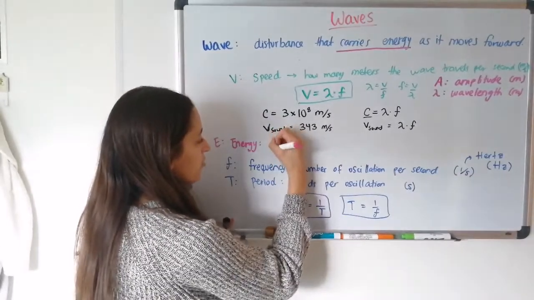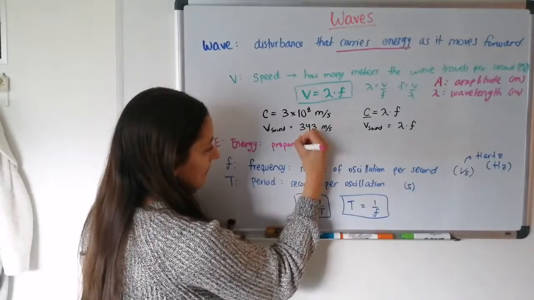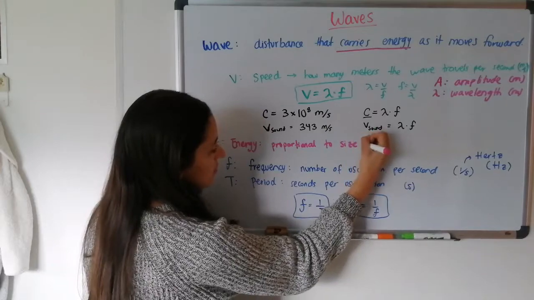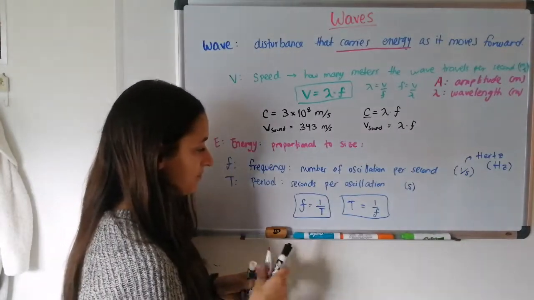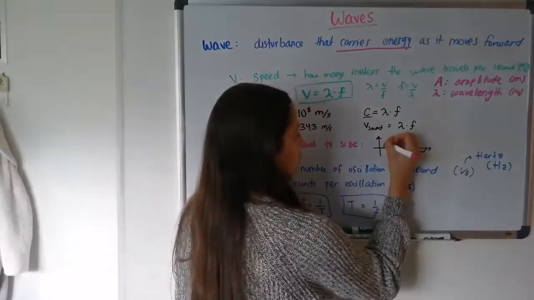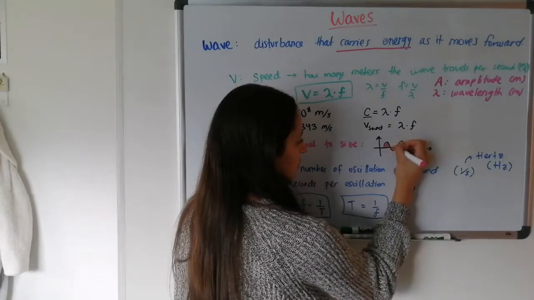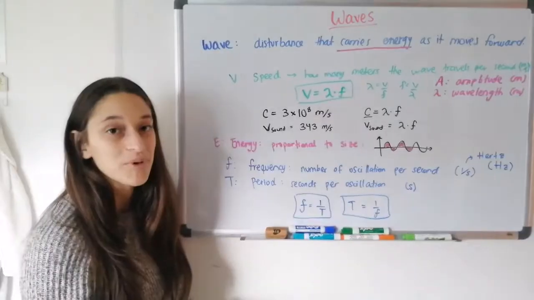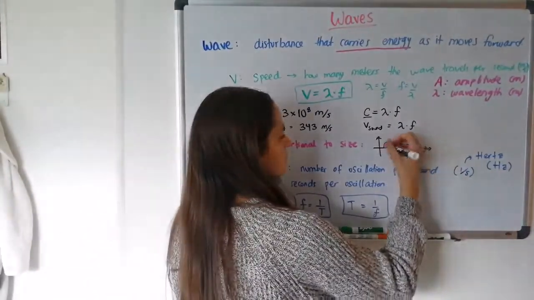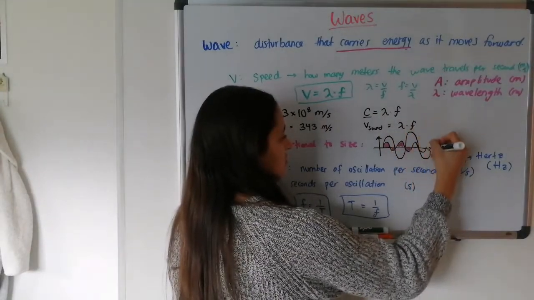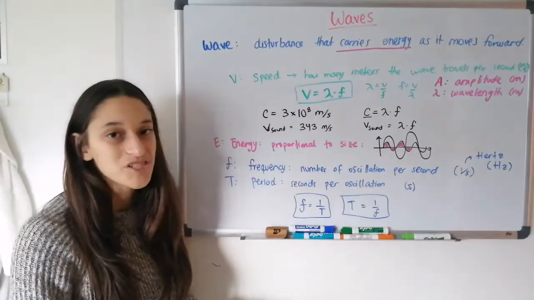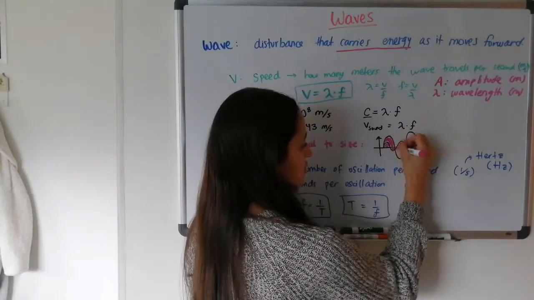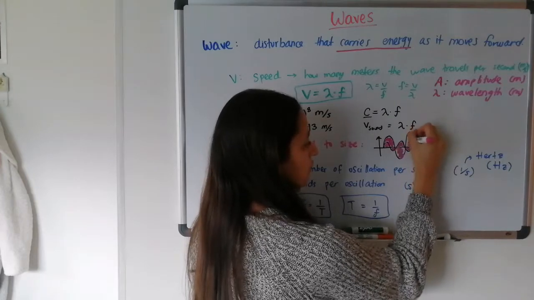So it's proportional to the size. So in the graph that I drew before, the energy is proportional to this area underneath, the area that is inside of the things. If you have a much bigger curve that looks something like this, then you're going to have much more energy because the energy is proportional to this whole size that is above and below the graph.